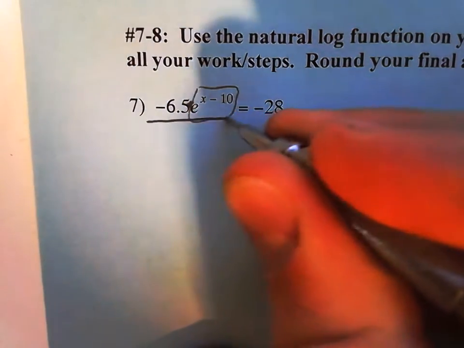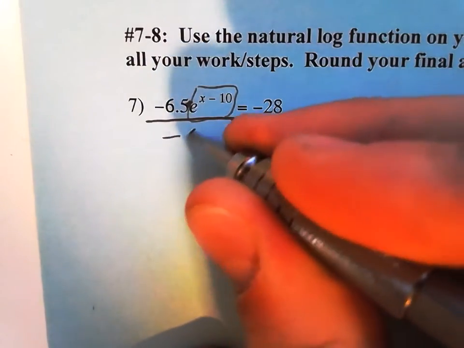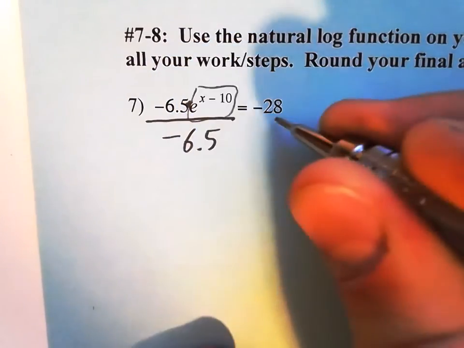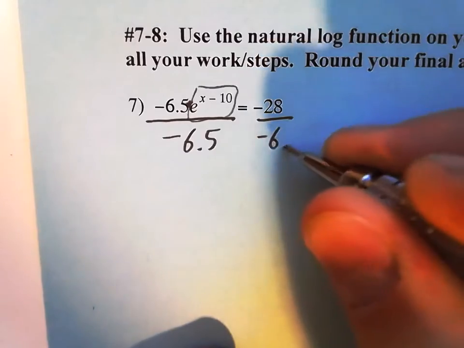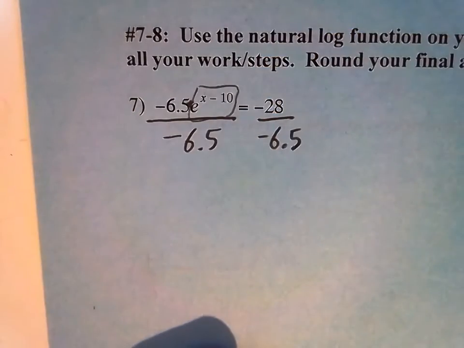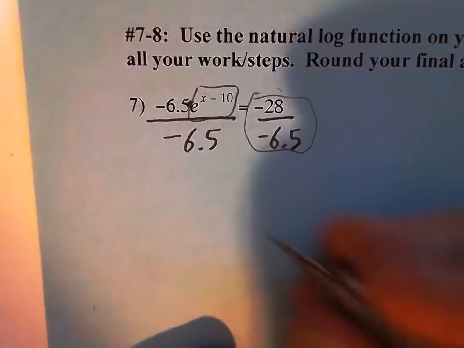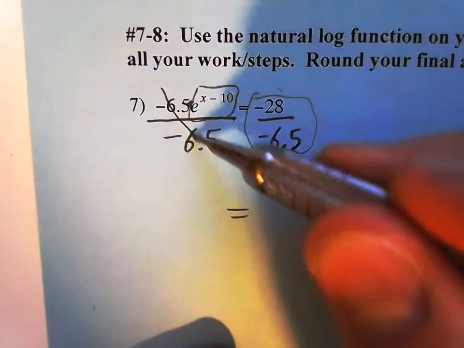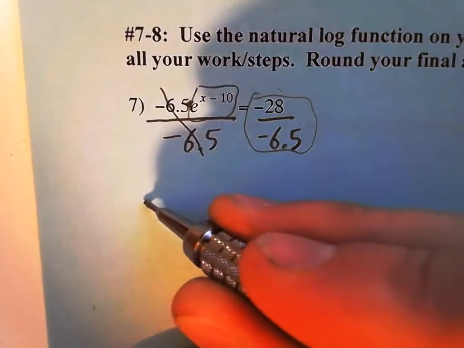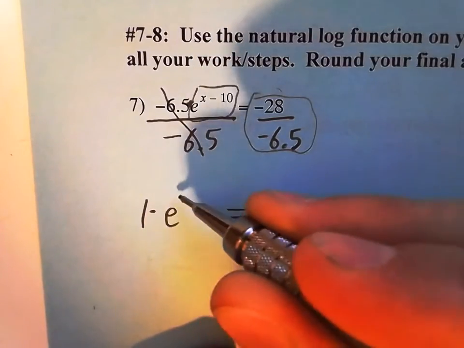So to get rid of multiplying by negative 6.5, I'm going to divide by negative 6.5. And I've got to do it to both sides. So I'll pop that in my calculator, divide to 1 on this side, which is what I want.